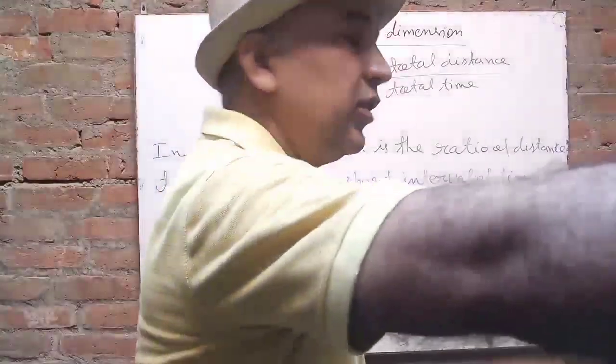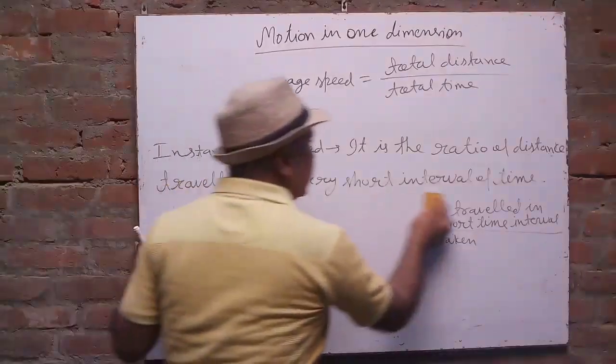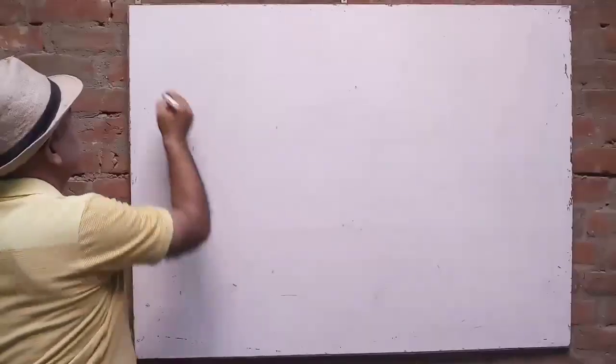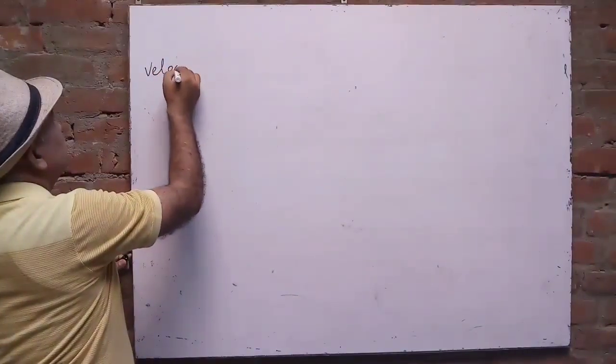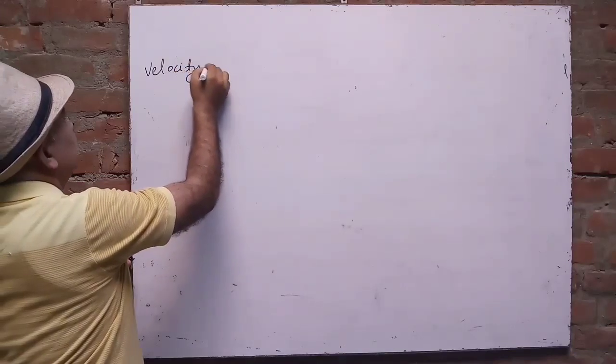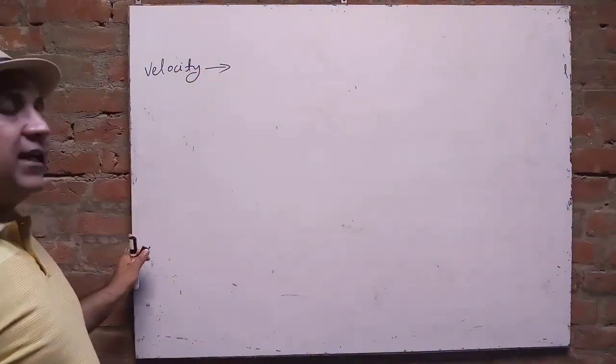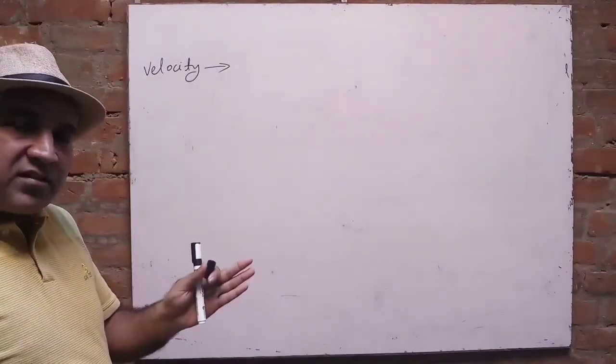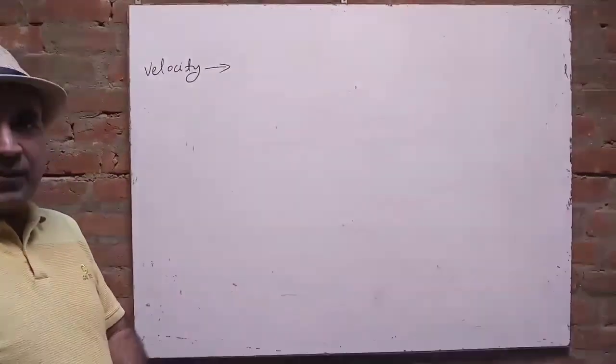Okay. Now the next term which we are going to study is velocity. As we know, velocity is a vector quantity. So in place of distance we will use displacement.